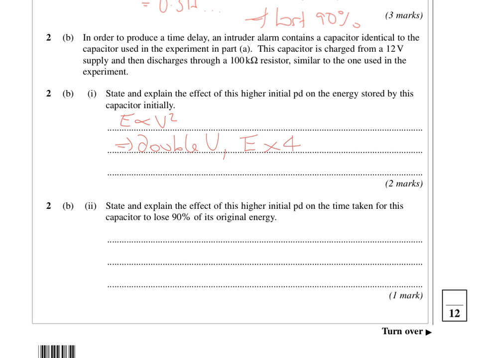State and explain the effect of this higher initial potential difference on the time taken for this capacitor to lose 90% of its original energy. So essentially we're looking for the time at which we get this, because we want the time for it to be 10%, so we'd actually cancel the V's.